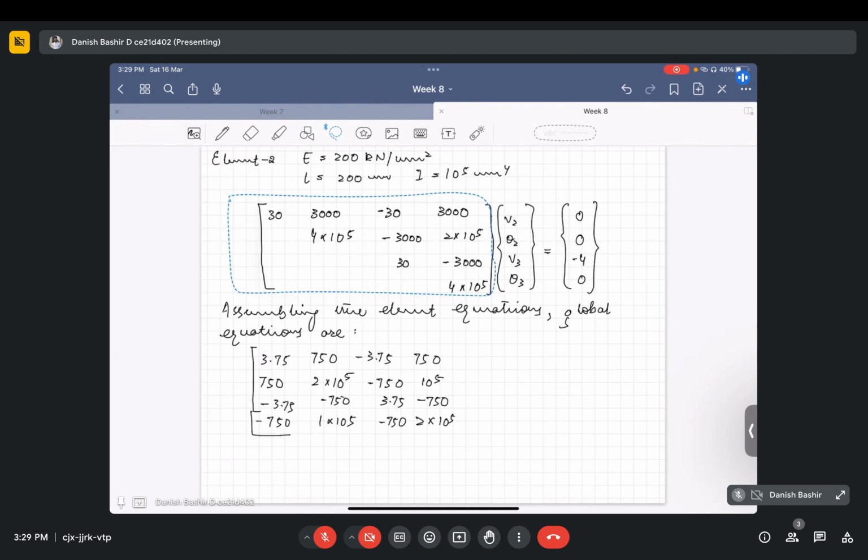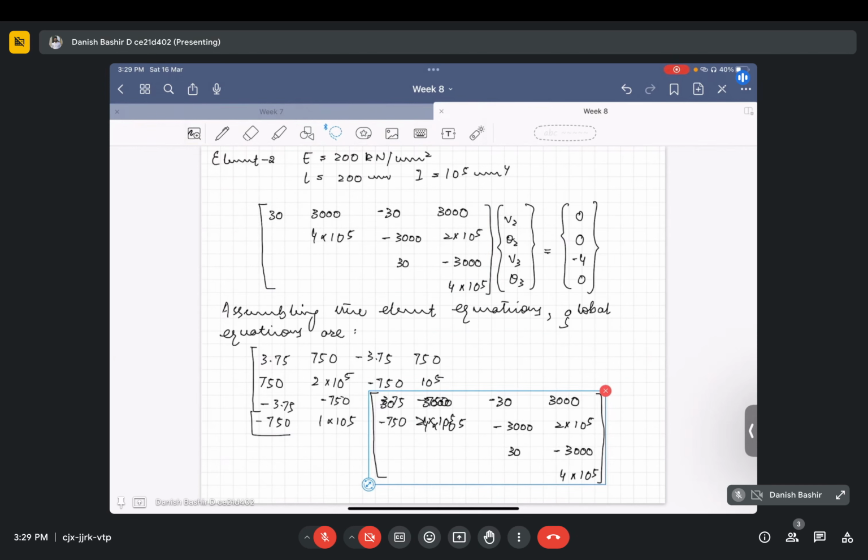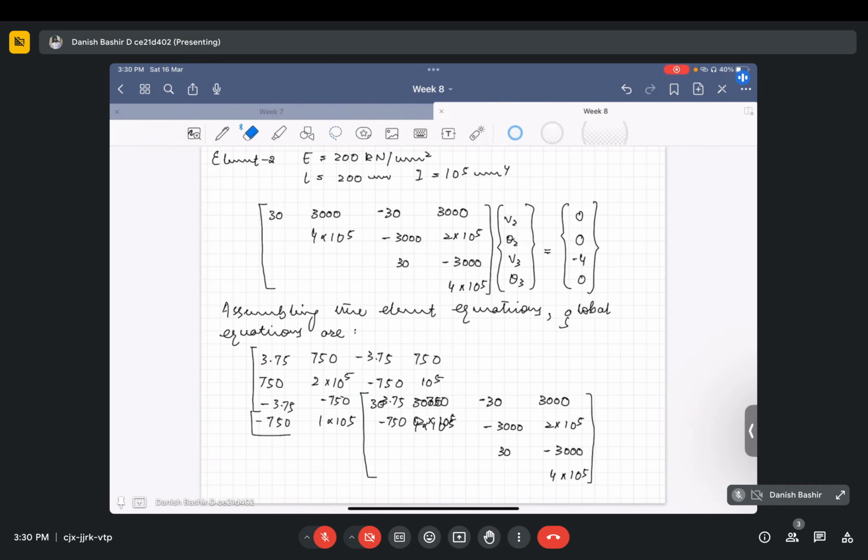Since we have done the numbering continuously, the element 2 equation will be overlapping like this. There will be only one difference here, and the other elements will stay the same, so we have to change only these four values.